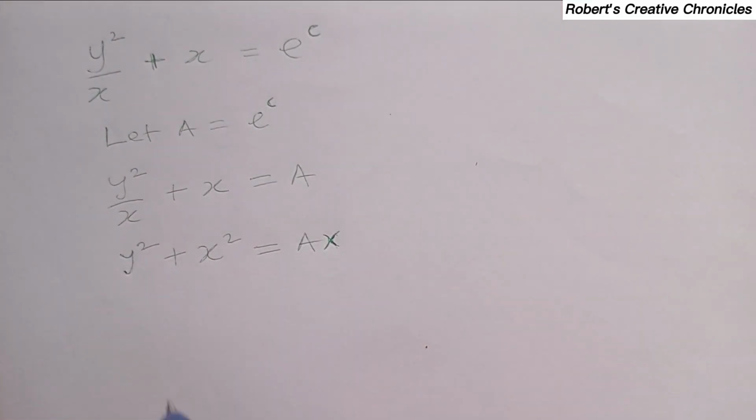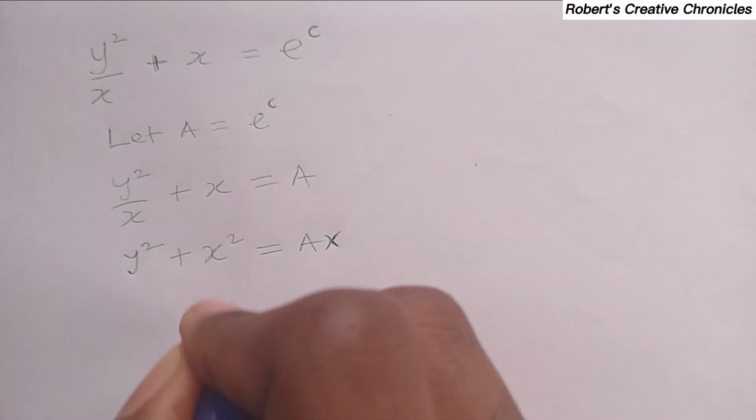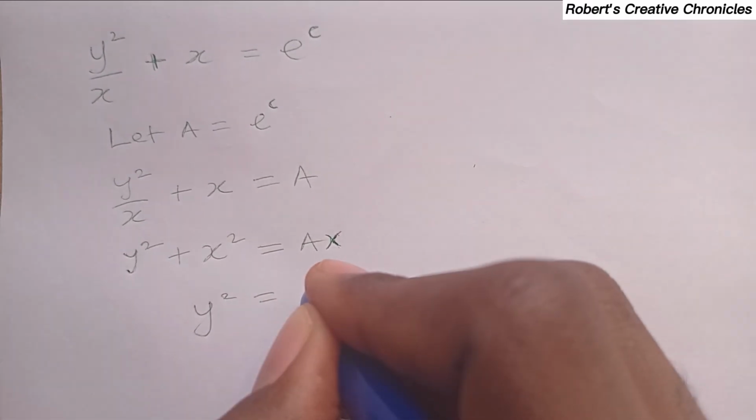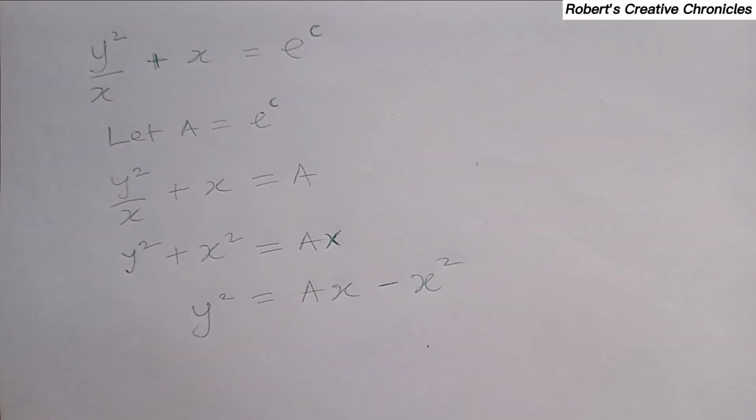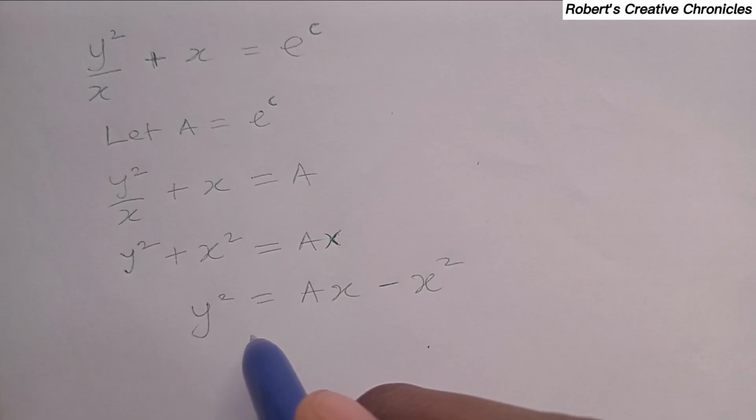So now we can make y squared the subject of the formula. So y squared is equal to ax minus x squared, where a is exponential c. So this is the final answer.